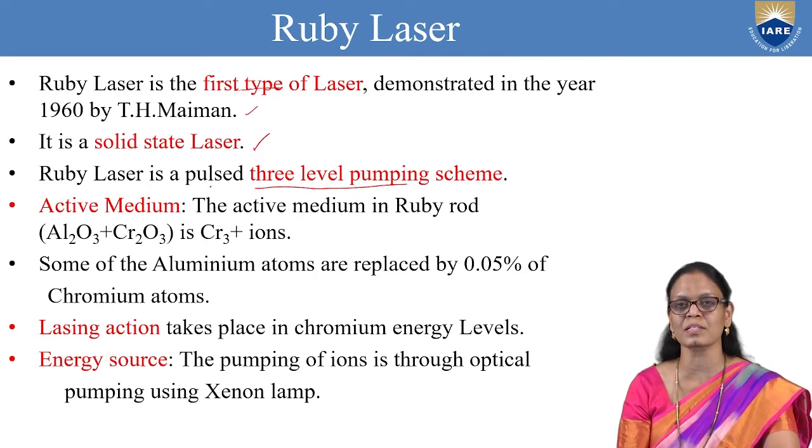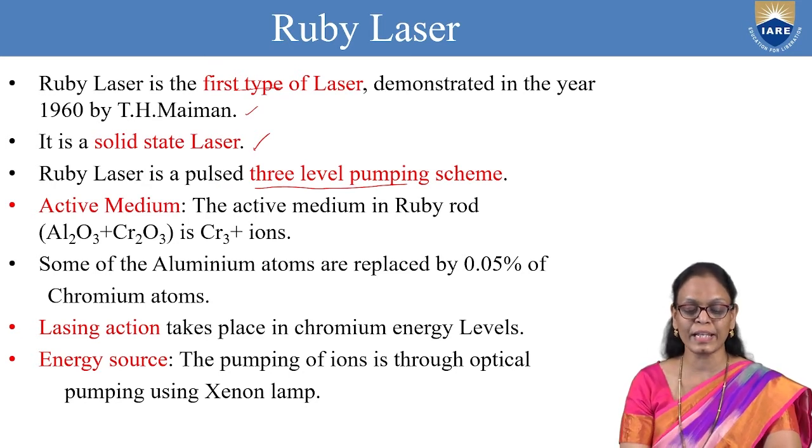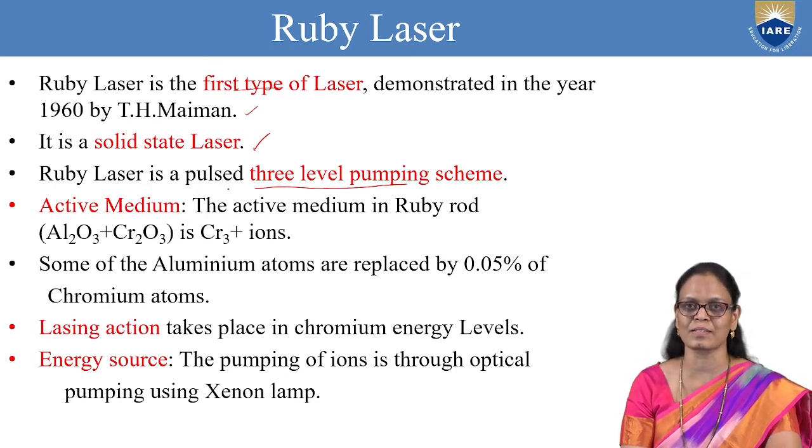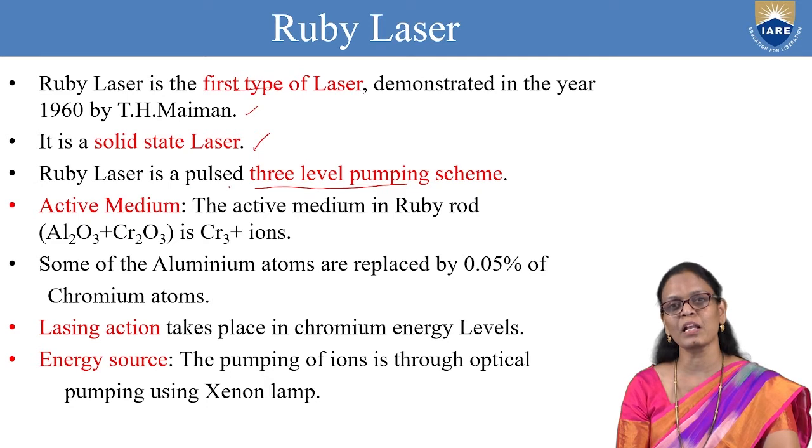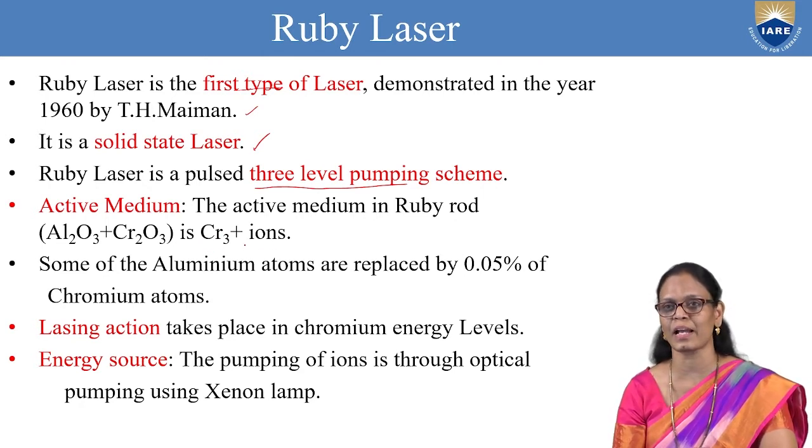But what you need to understand is, whatever pumping we are doing, it is not continuous. It is given in the form of pulses. That is why we are calling the ruby laser a pulsed 3-level pumping scheme. So we will be seeing 3 levels, and also we will be seeing the pumping in pulses. And the active medium here is aluminum oxide doped with chromium oxide. And the active element is the chromium ions. The energy levels of chromium will help us in getting the lasing action.